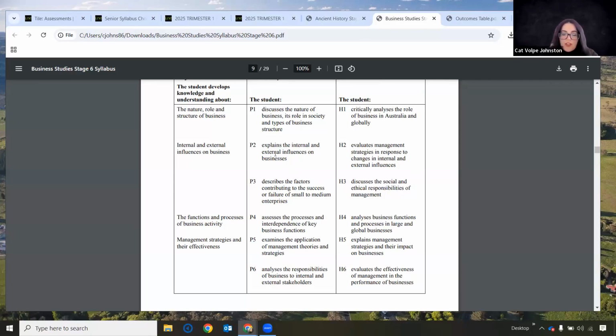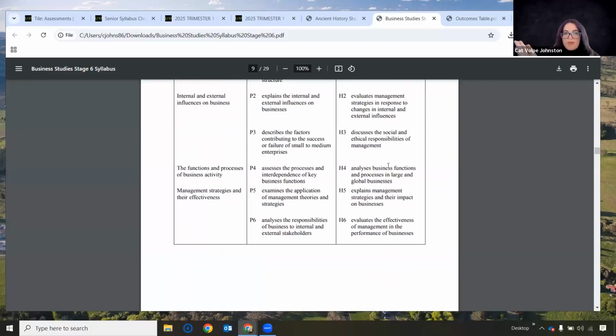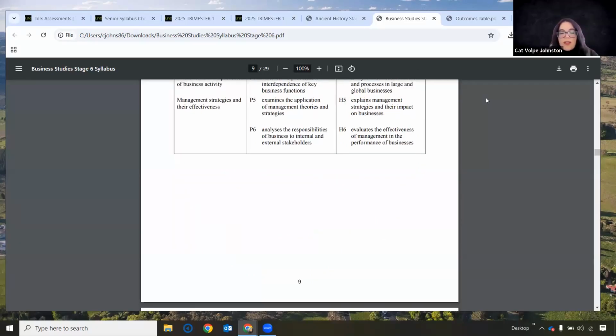So for example, P2 explains the internal and external influences on businesses, whereas for year 12, they're evaluating management strategies in response to changes in internal and external influences. We're just keeping note of that. Some are a little bit more similar syllabuses and some are quite different. Okay, so take notice of that.